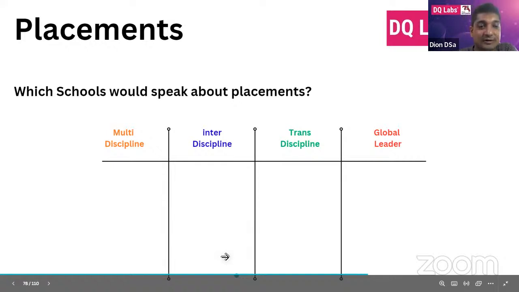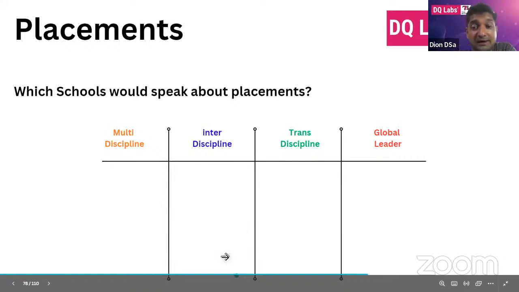All right. So definitely the multidisciplinary schools would talk about it because remember, they're filling industry gaps. So they need to say, so many of our students have been placed and they've reached out. They're in these industries, right? And this is their salary and this is the kind of earning they have.